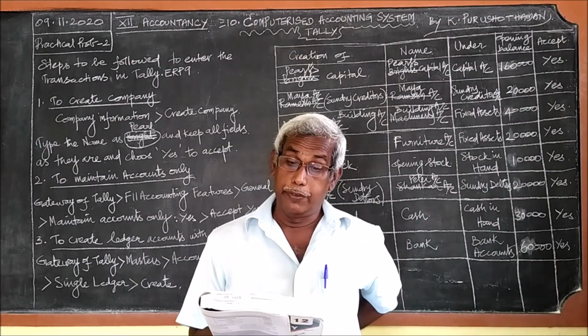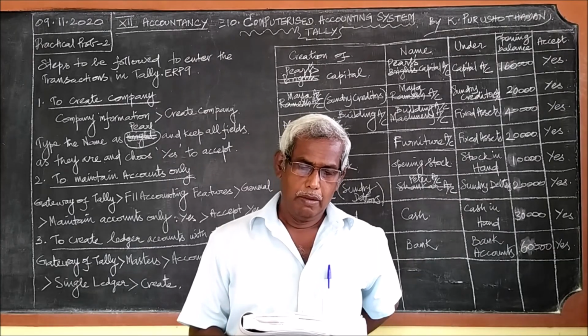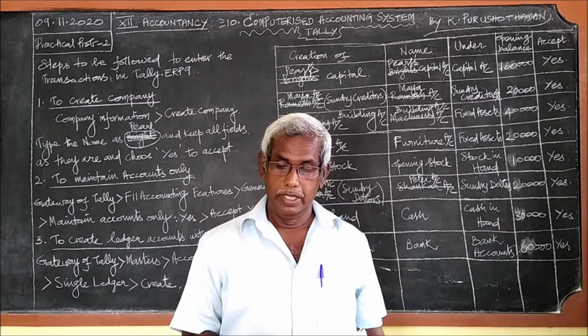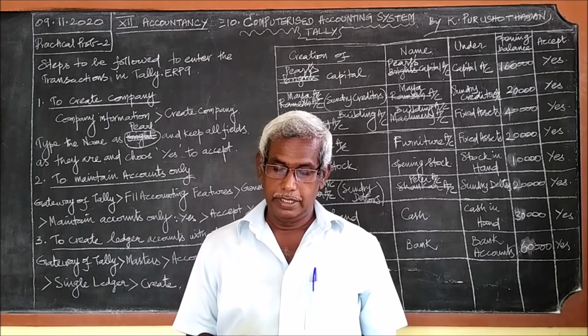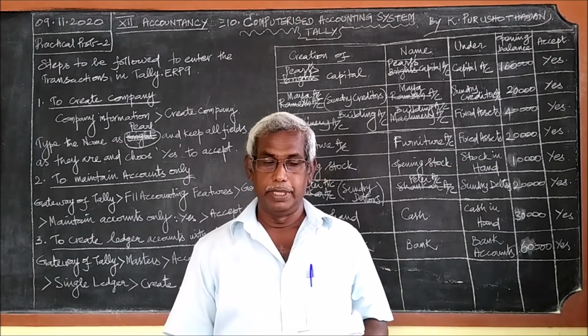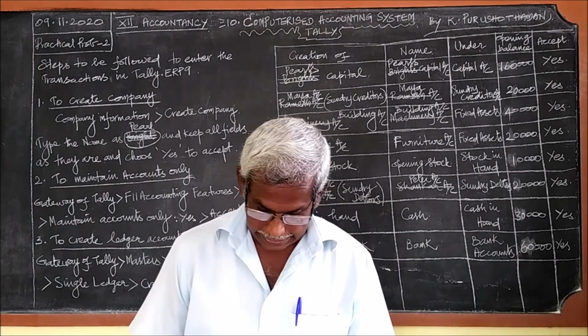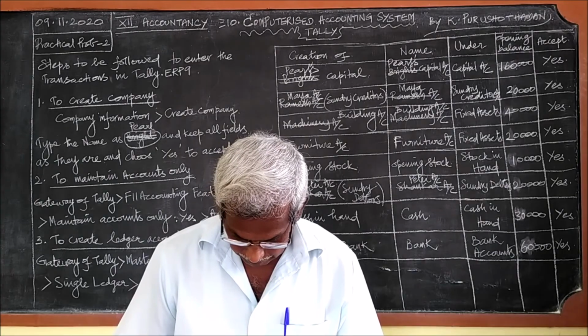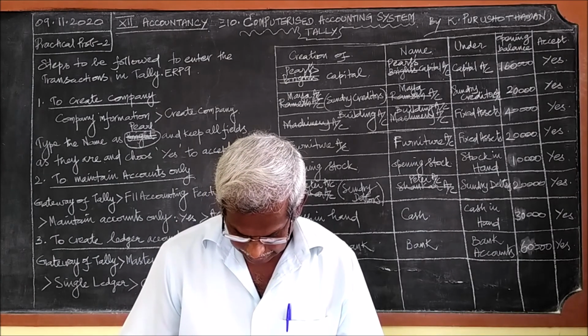Then accounting information system. What is a group in Tally ERP 9? This you should remember. What do you mean by Tally ERP 9? That is one thing.